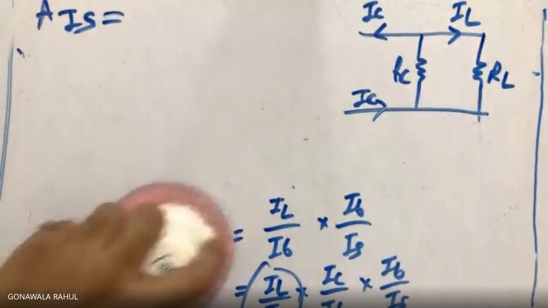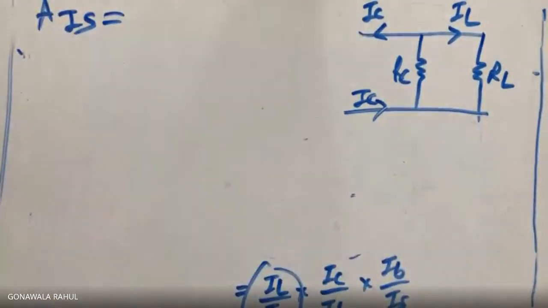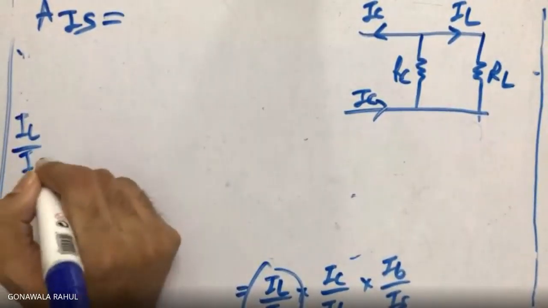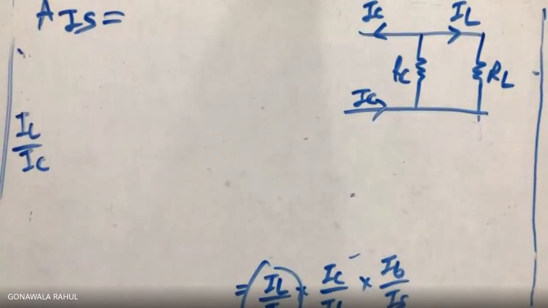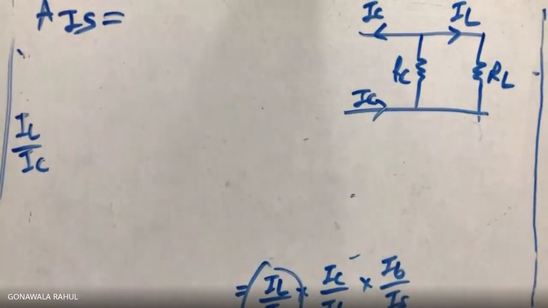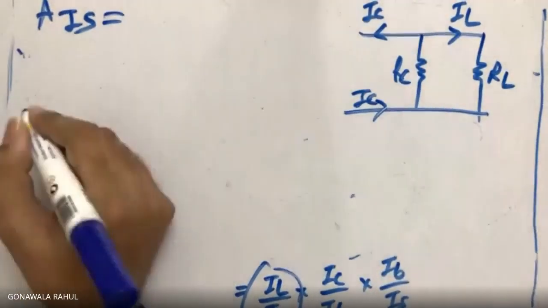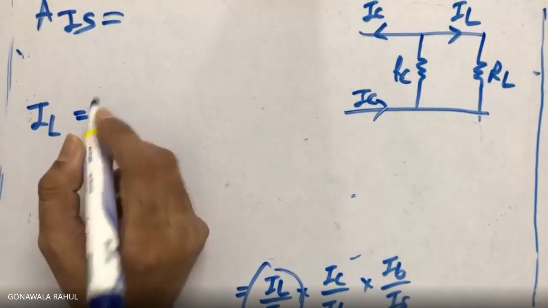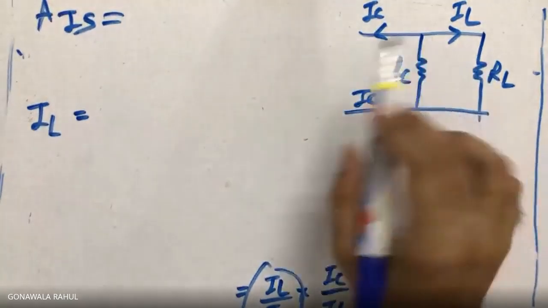So IL by IC, I want to find out IL by IC. Let's say I am applying the current divider rule. See, the direction of IL and IC is reverse.